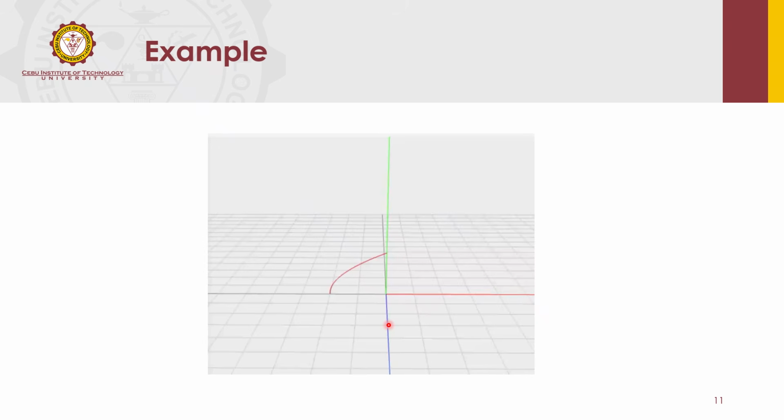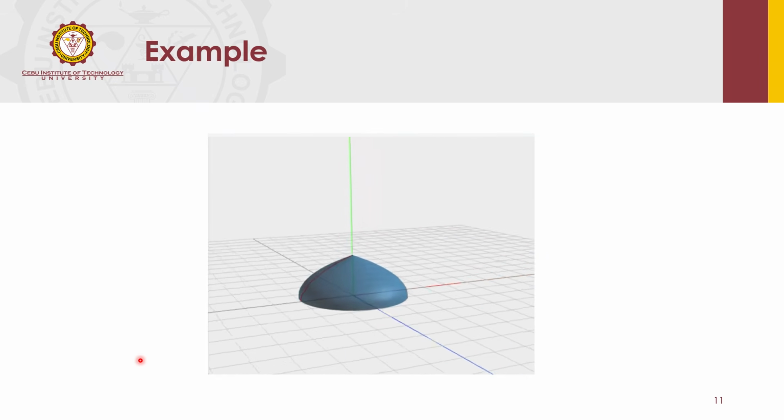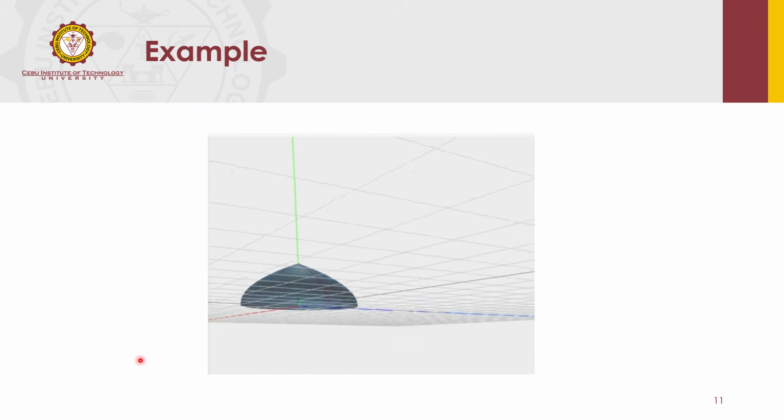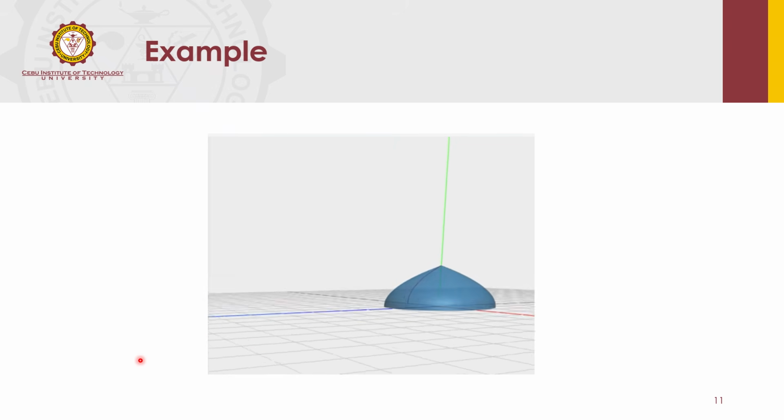Supposedly the points are here to the right, so I'm shifting all the points to the left. So this would be the x equals 2, the axis of rotation, and the vertex would be at negative 2, 0. So if we're going to play the animation showing the volume created by rotating the area about x equals 2.